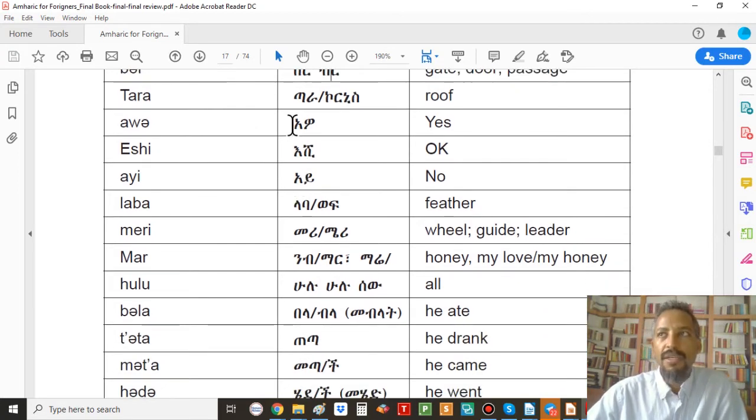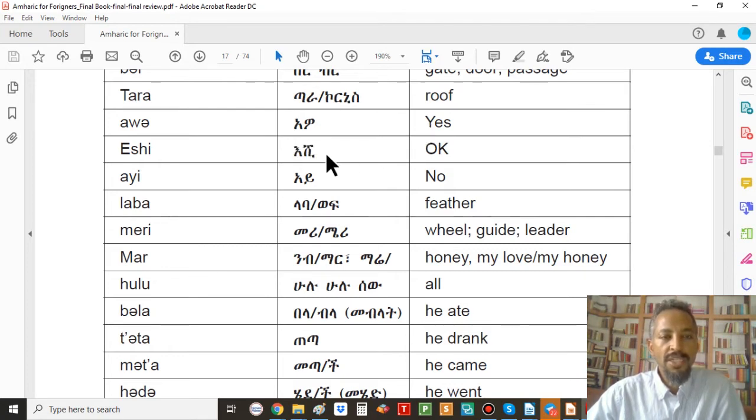Our next three words are very common and very frequent, so make sure you learn them by heart. Ao in Amharic is yes in English.